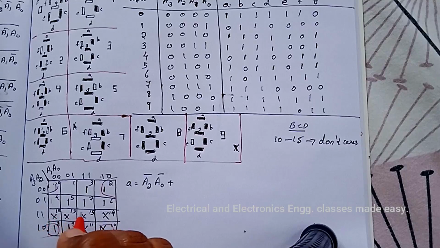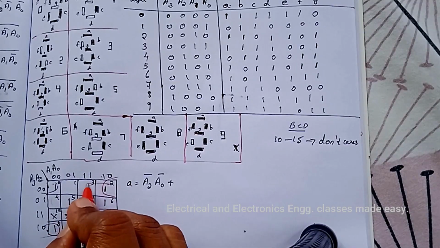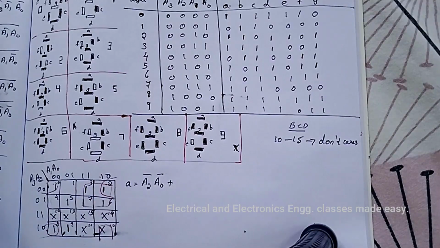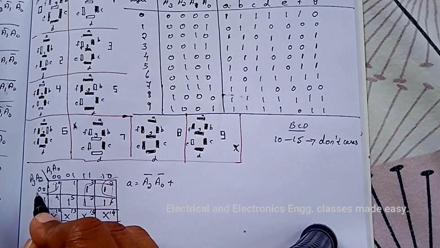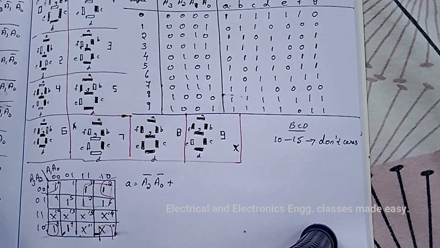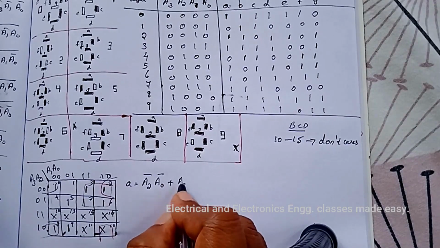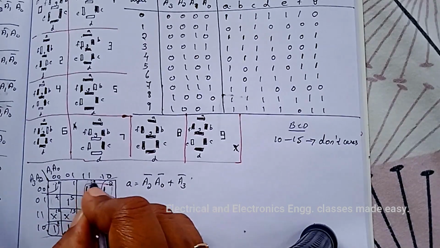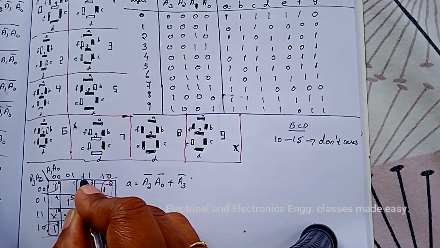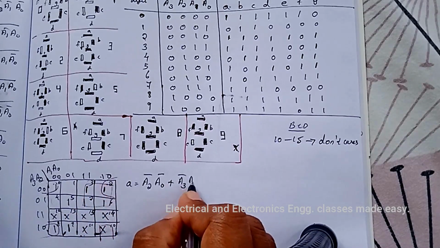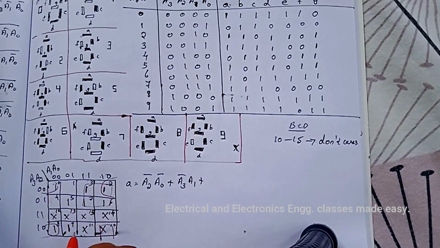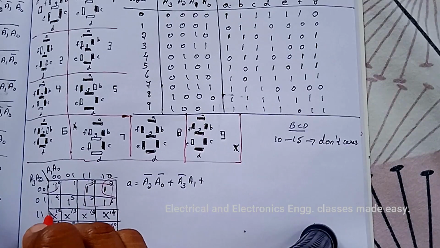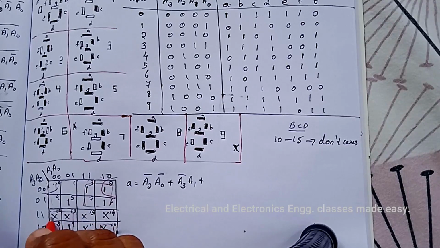Then plus, next we can combine these four squares. So here we get A3 bar, and here the constant variable is A1. Then plus, now we can combine these four squares.